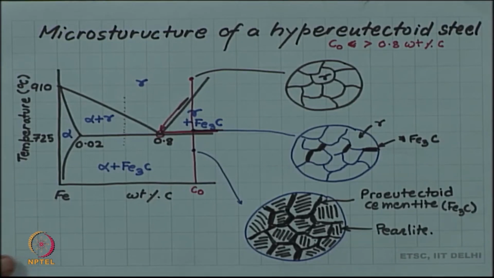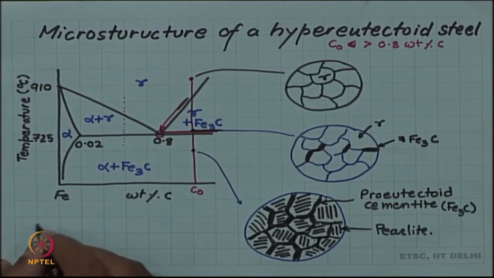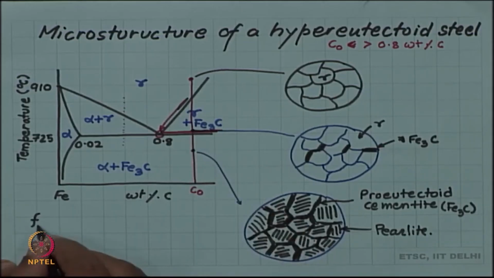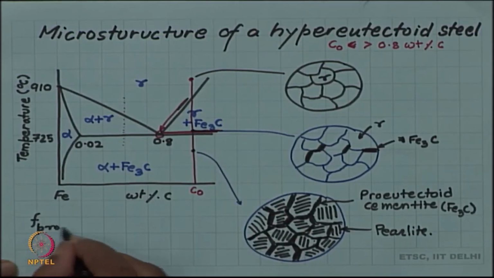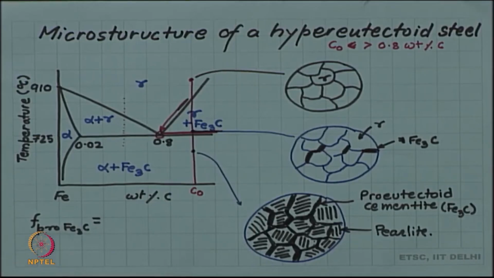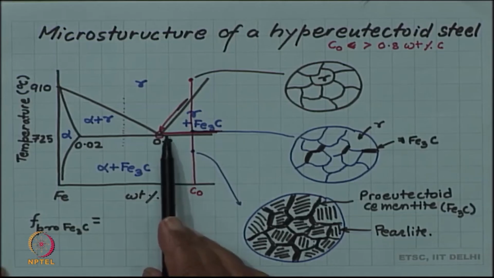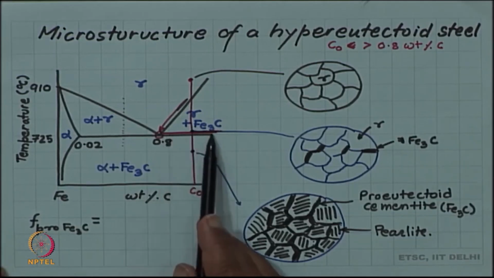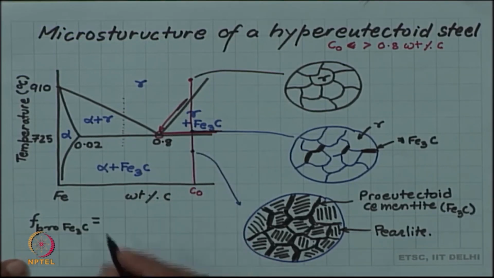If you look at the amount here again, you can calculate the amount of proeutectoid cementite in the alloy. I am just writing pro Fe3C in short, the proeutectoid Fe3C. So, you will again use a tie line above the eutectoid horizontal, the red tie line which I have drawn.